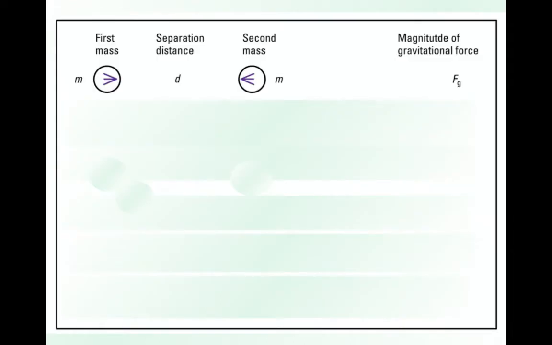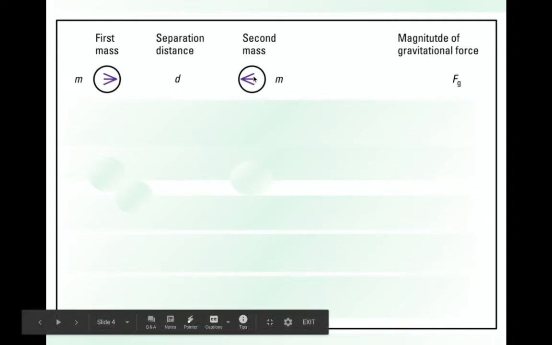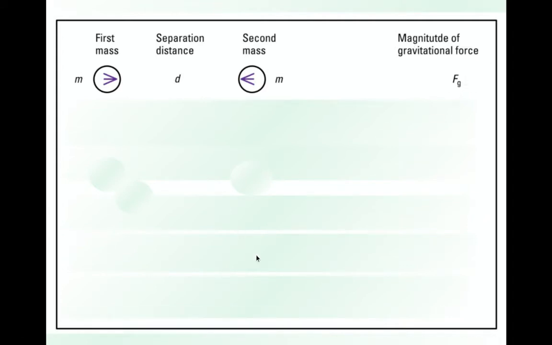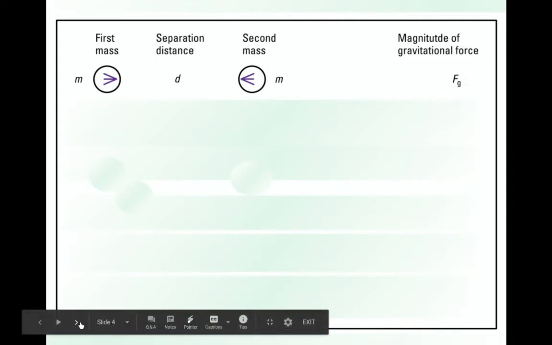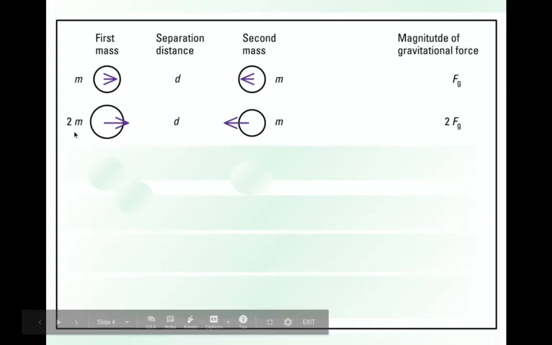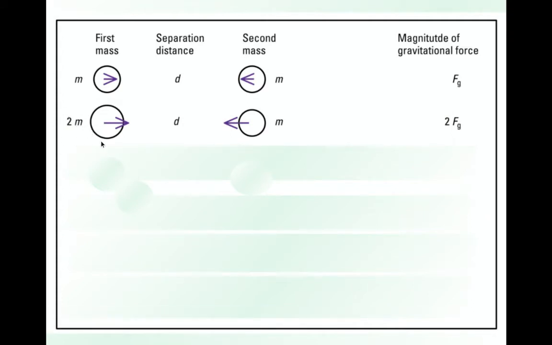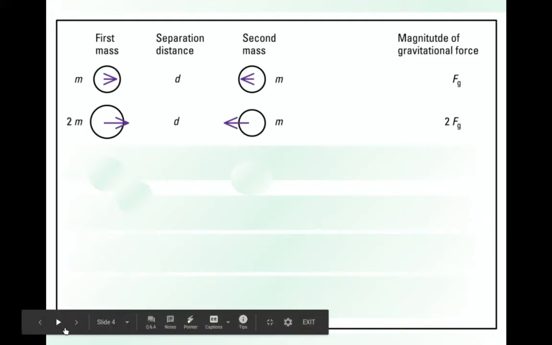Okay, looking at some different problems. Okay, so we have two different masses that are separated by a distance. Okay, so the magnitude of force for these two would be Fg. Okay, if we change the size of any of our masses, we're going to change our gravitational force. Okay, so if we double the mass, because force is proportional to mass, if we double one of the masses, we're going to double the force.